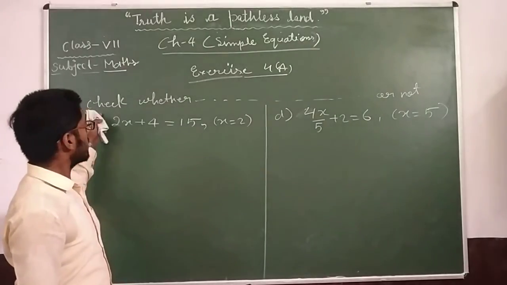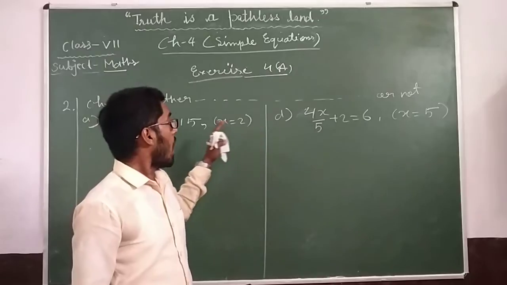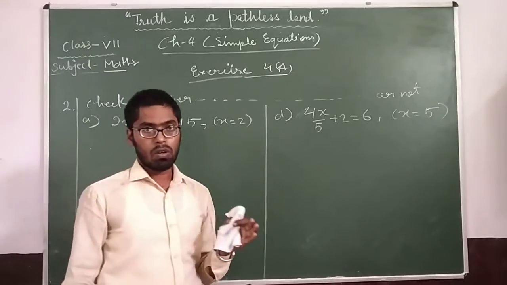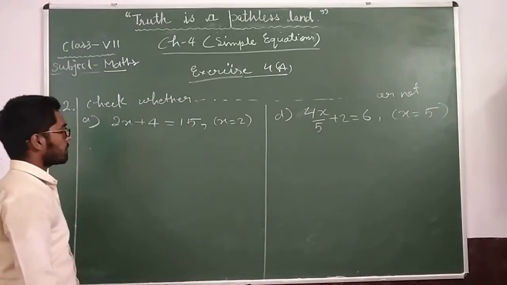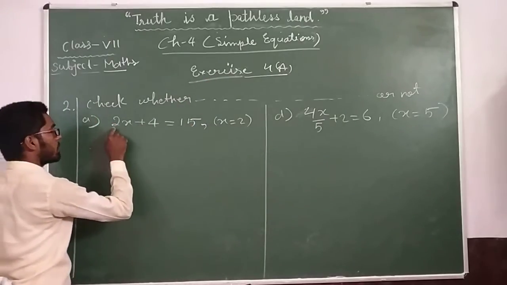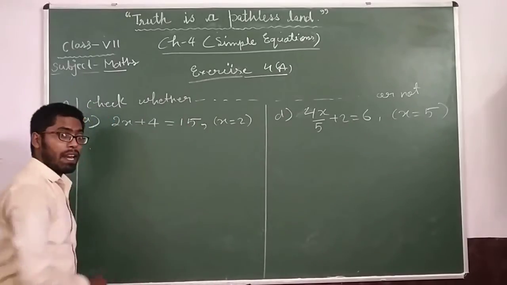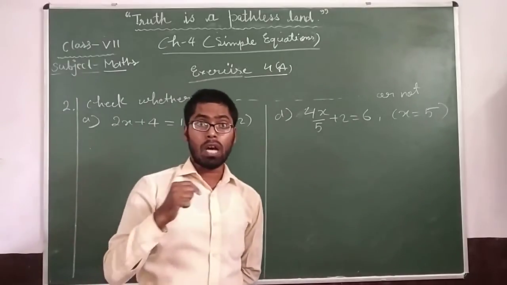Question number 2. Check whether these equations have the given solution or not. If x is equal to 2 is the solution of the equation 2x plus 4 is equal to 15, then your LHS should be equal to the RHS.